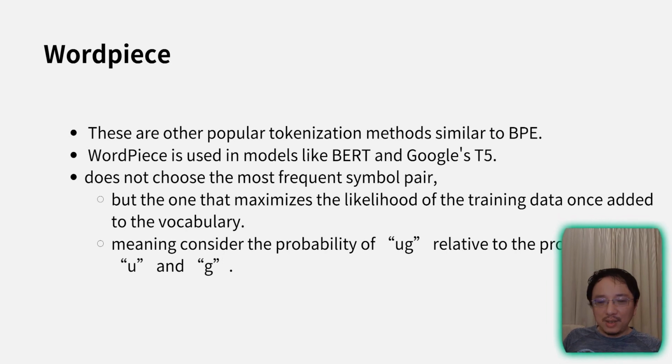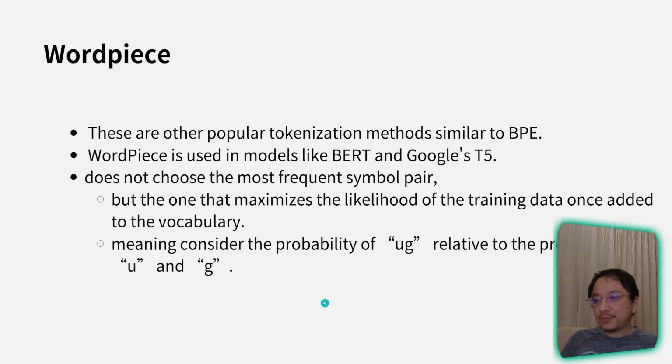So let's consider the situation in the opposite direction, that UG appears very, very often. Then, because U appears a lot and G appears a lot, even though maybe U and G have no meaningful connection, just because they appear very, very often, there is a good chance they are next to each other just by chance.